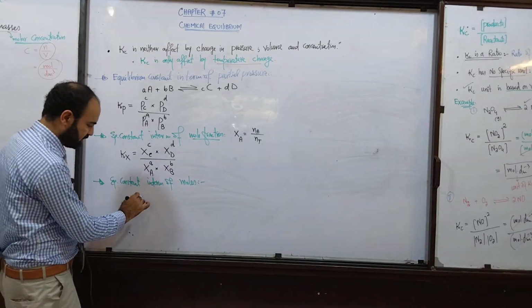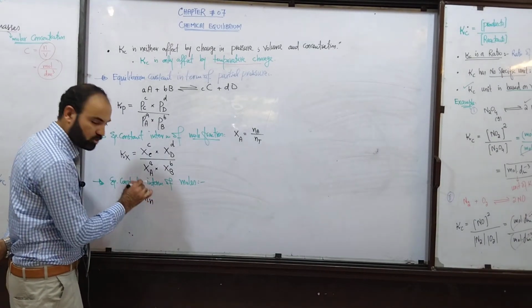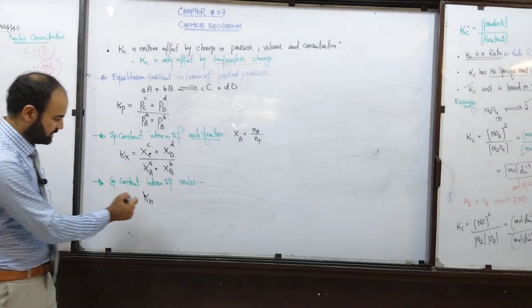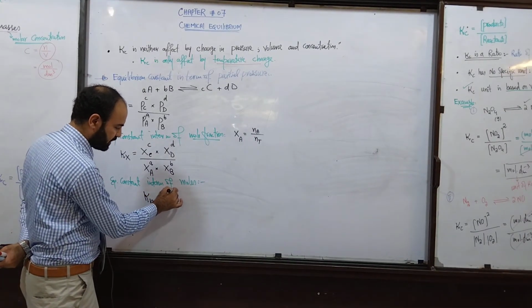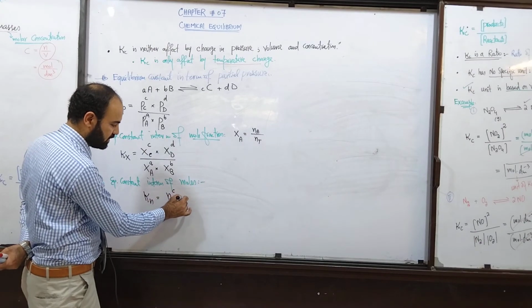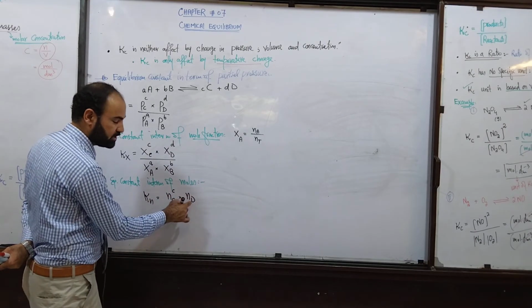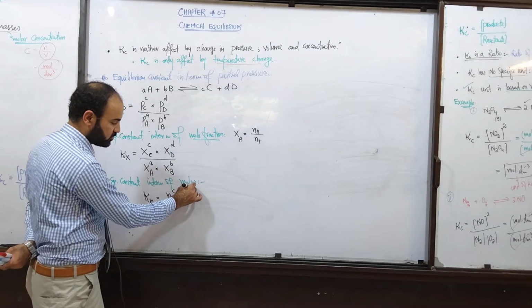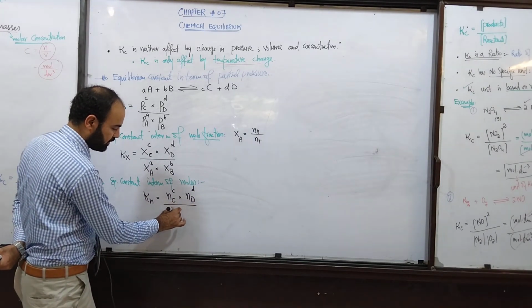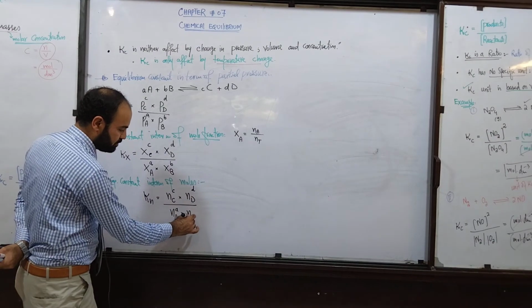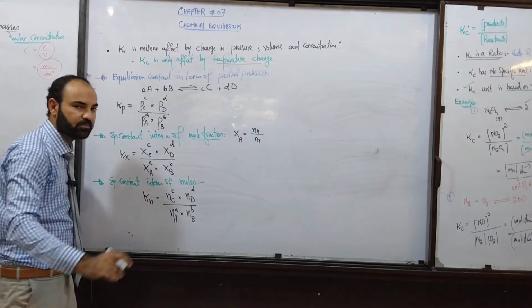I can write it as the number of moles of C product raised to power c, the number of moles of D product raised to power d, divided by the number of moles of A reactant raised to power a, and the number of moles of B reactant raised to power b.